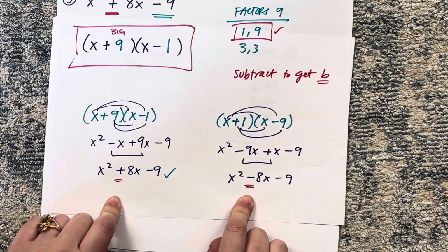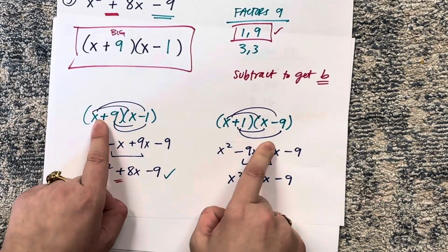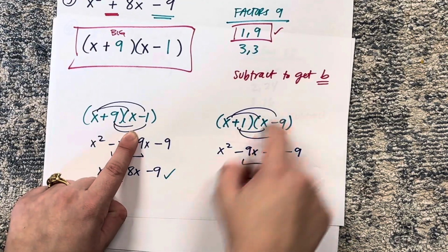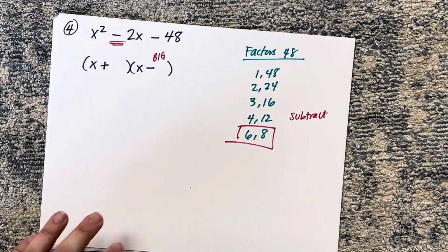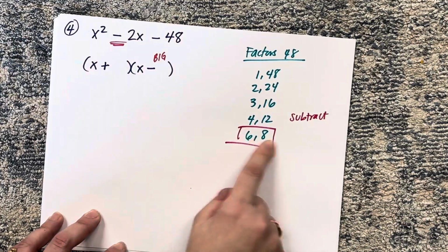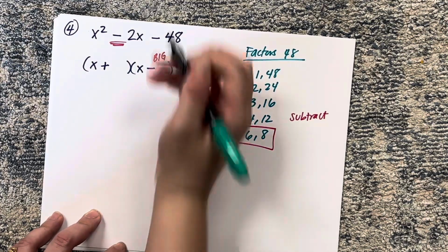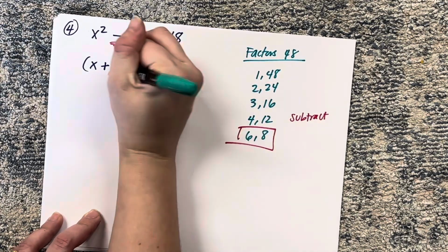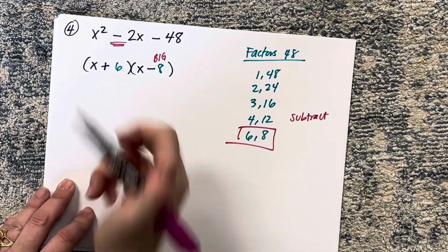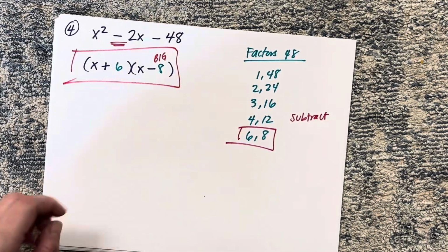Because you'd have the same problem here. You need to figure out who gets your positive and who gets your negative. Well, since my b is negative, I want the big guy to go with the negative. So negative 8, positive 6.